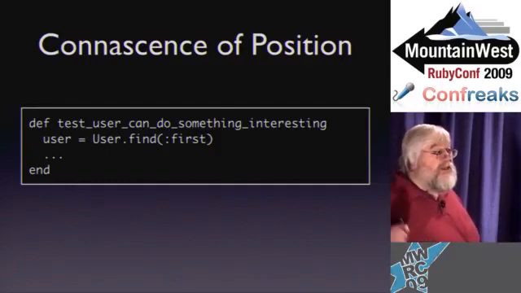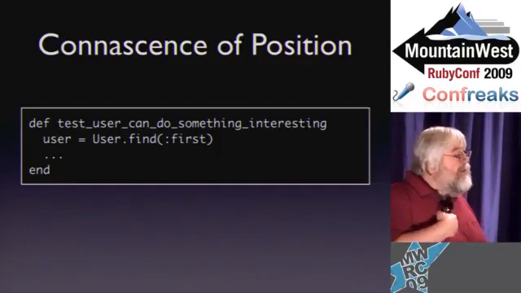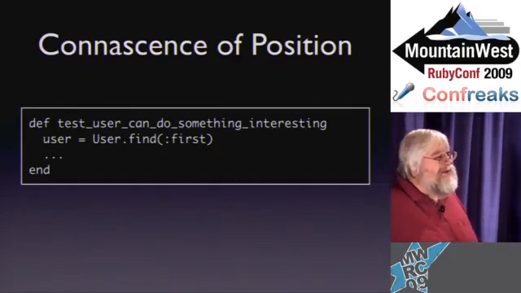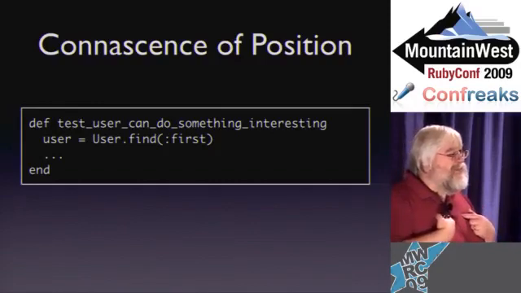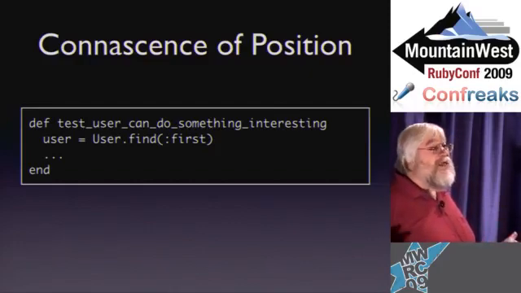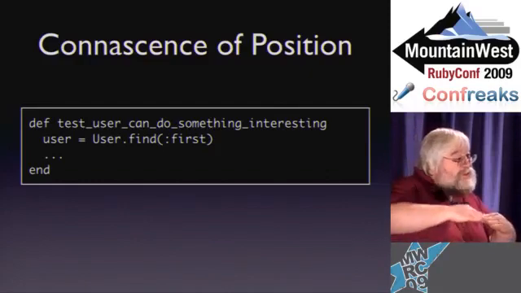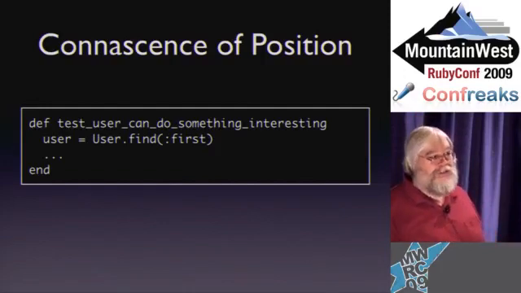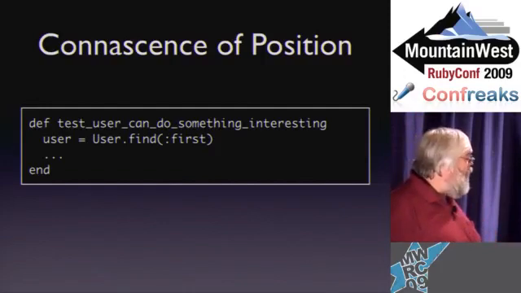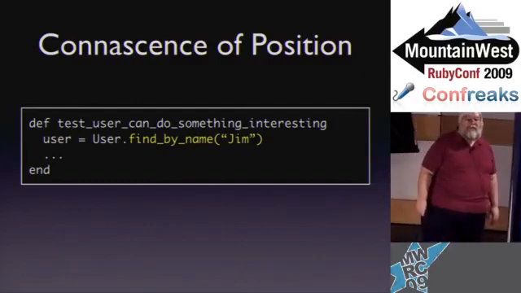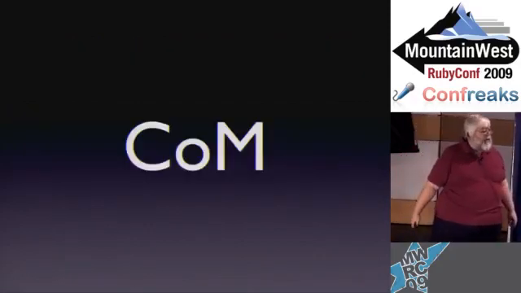And it turned out that the first user in my test database was a different user than the first user in his test database. So it would pass on my system and fail on his system. So we had randomly failing tests depending upon what user we happened to fetch from the database. This is connascence of position, where the position of that user returned from the database was important. Again, converting that to connascence of name was the solution. Find the user you want and return that exactly.